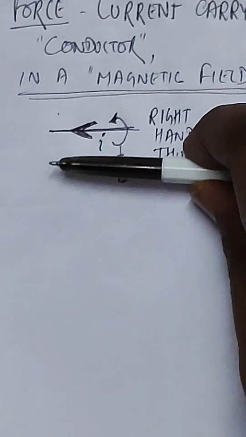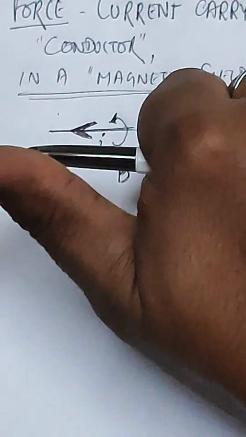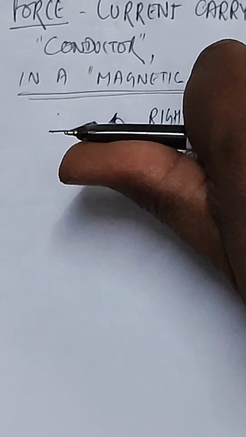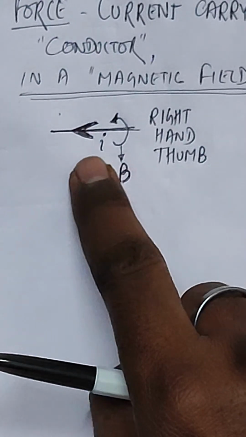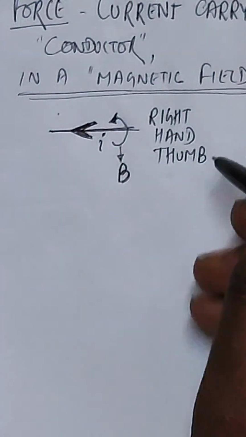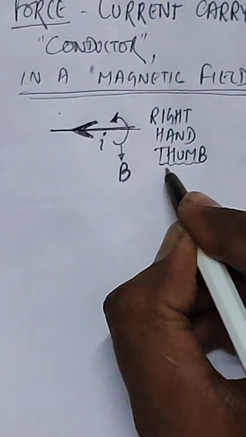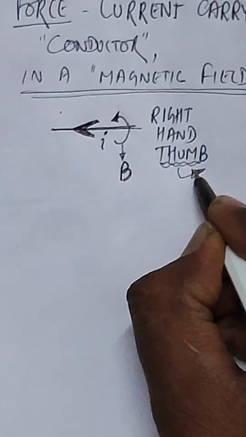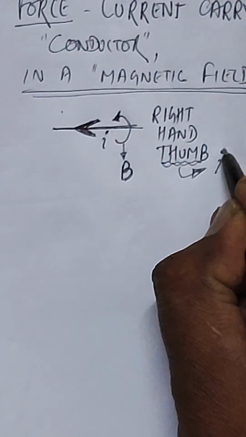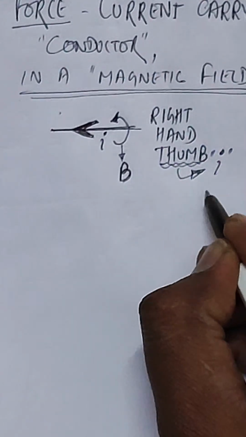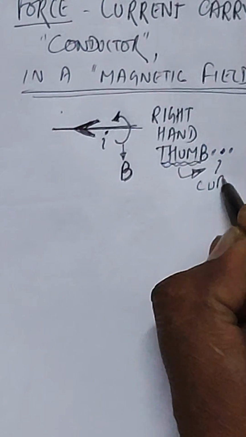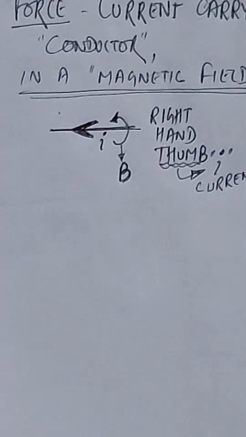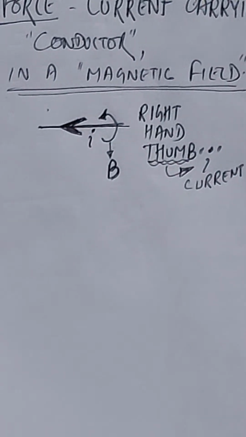Now hold that pen, and mark your thumb in that direction. The thumb will give you the direction of the current, I.